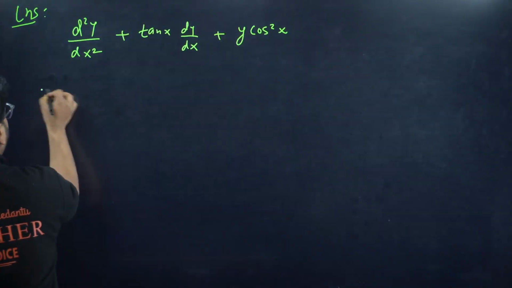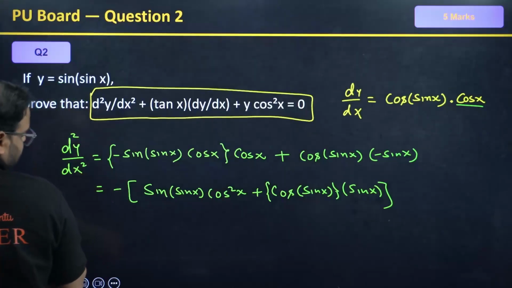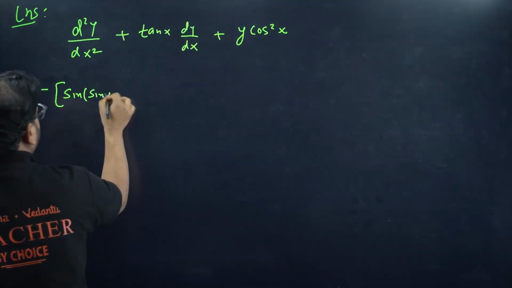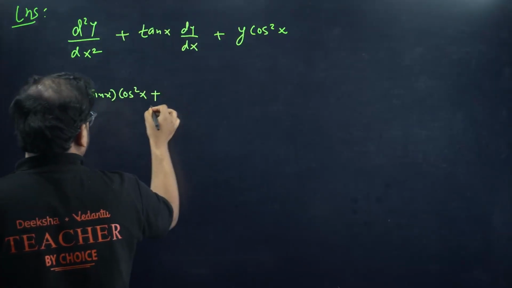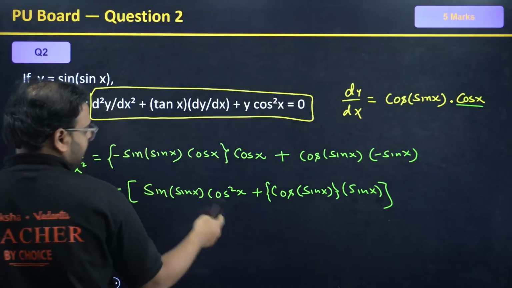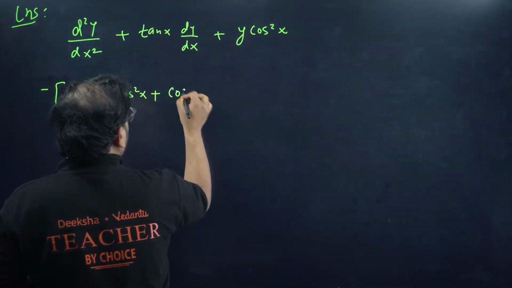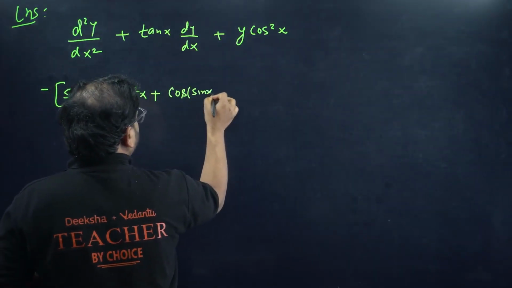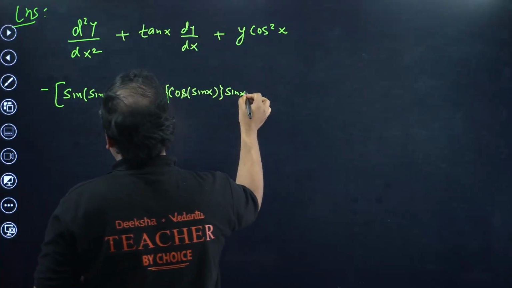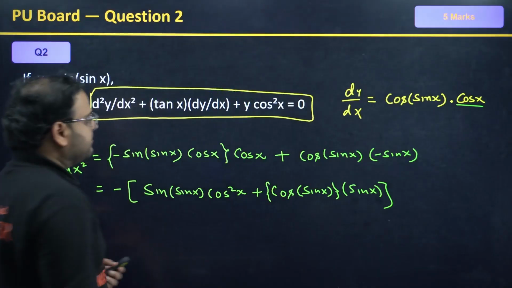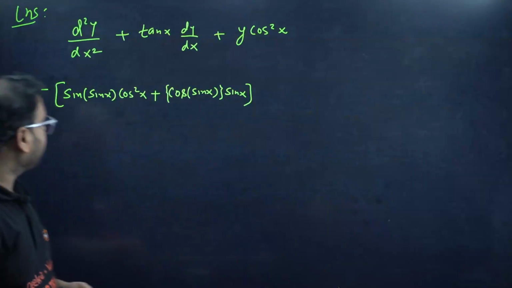For the second derivative: minus sine of sin x into cos square x plus cos of sin x into sin x. Please check.